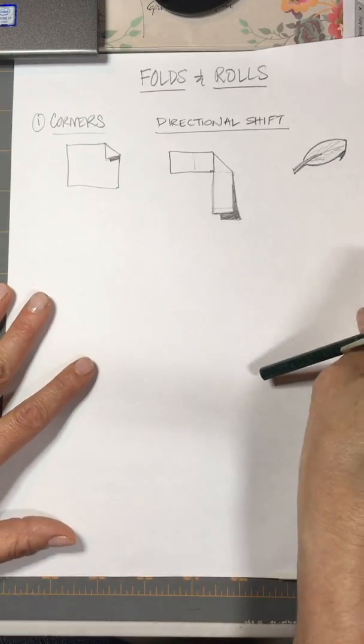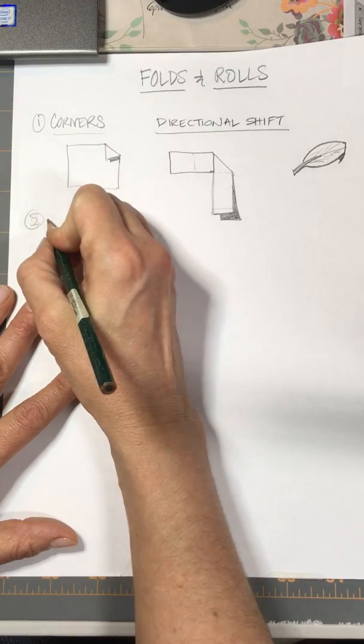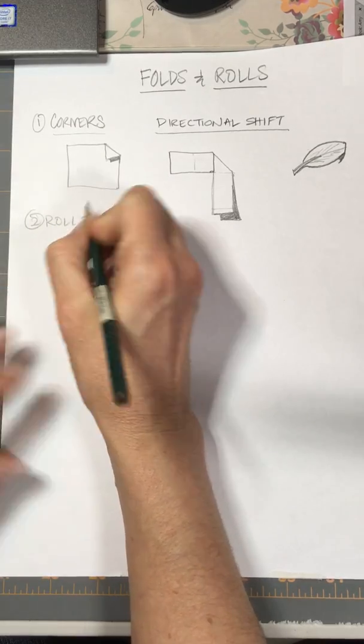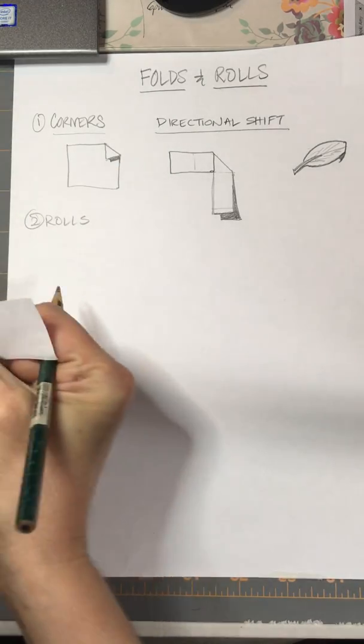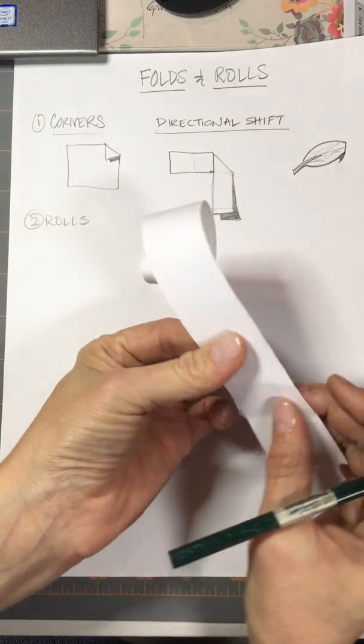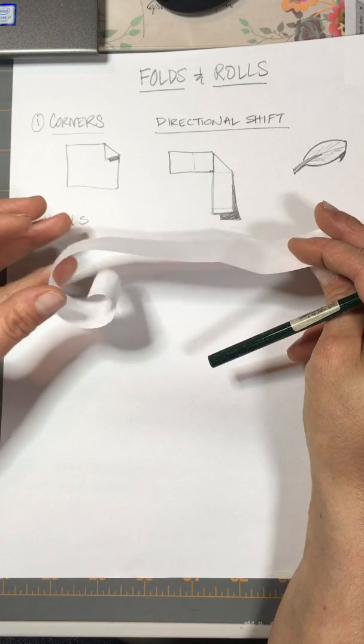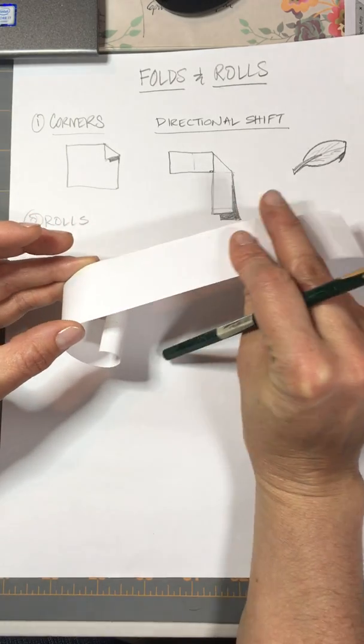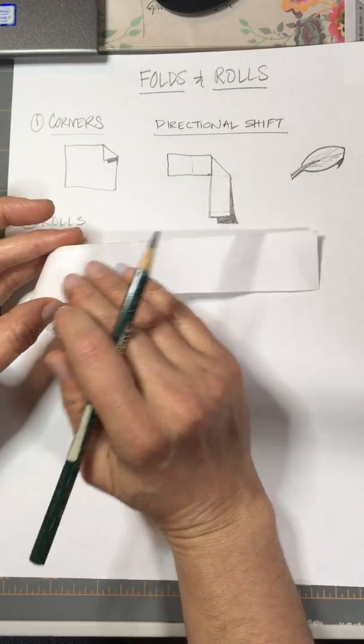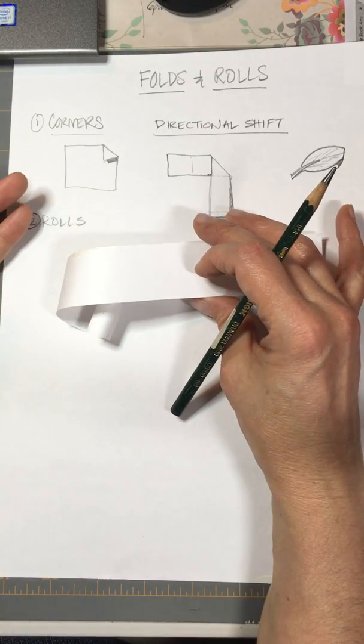All right, let's look at rolls. Okay, I'm going to look at a rolled piece of paper. These are really nice for when, boy, isn't that cast shadow interesting? It's kind of fun. When you want to make a banner, like happy birthday, and you're writing it and you want to draw a nice little banner.